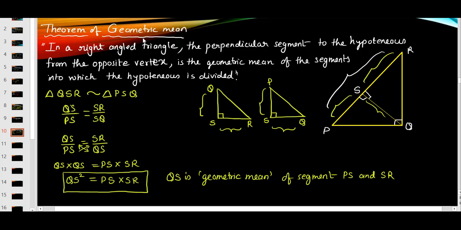So you have to remember this formula so that we can solve the questions based on it. Okay, so let's start solving questions on this. Let me give you the first example.